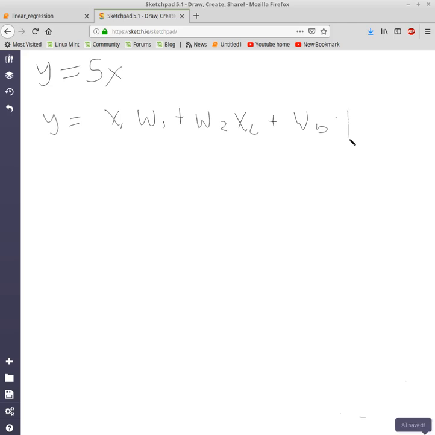Linear regression can solve this, and even if this was x2 squared, linear regression can still solve this problem, because x2 squared can be represented as x3 equals x2 squared. We plug it in here, it's linear.